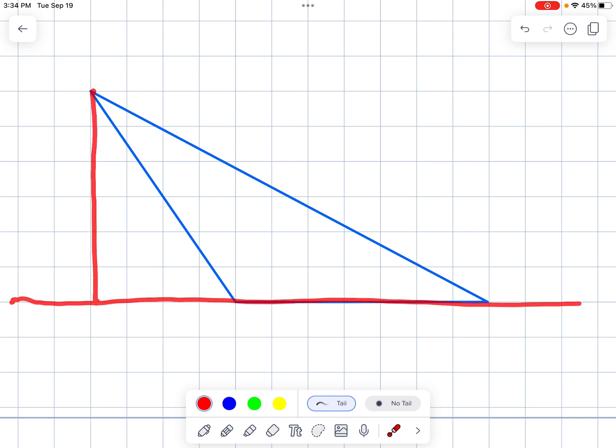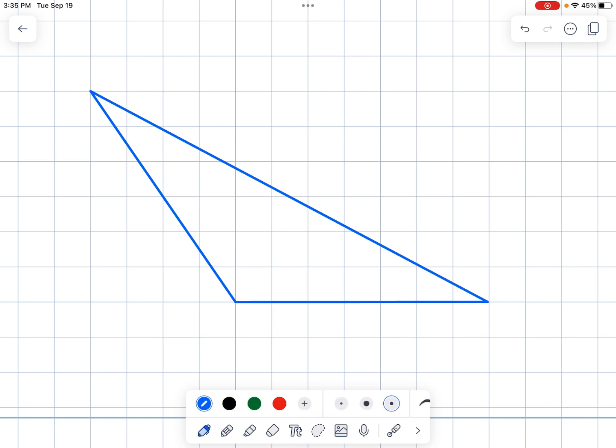So in this case, the height is still that same number, 1, 2, 3, 4, 5, 6. So the height is 6. The base was 7. 7 times 6 is 42, divided by 2 is 21.